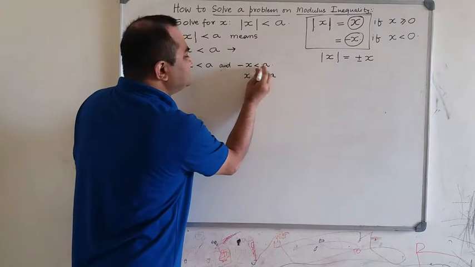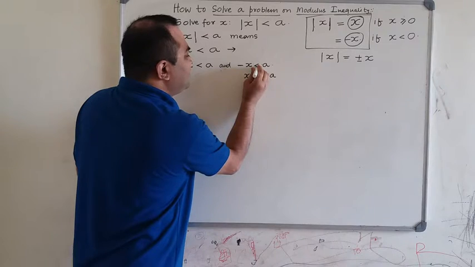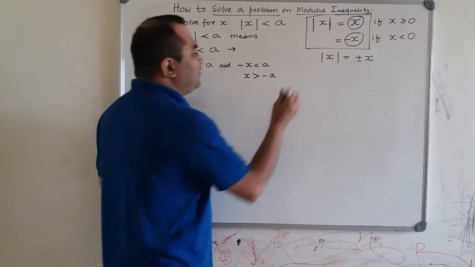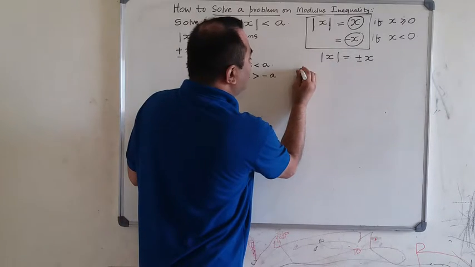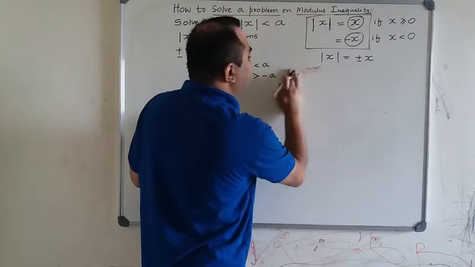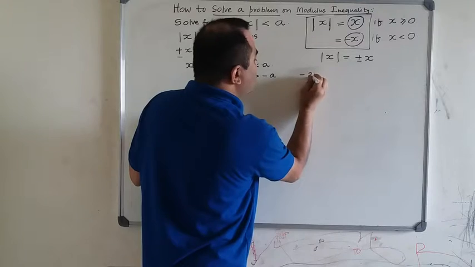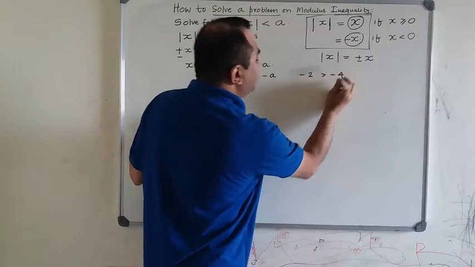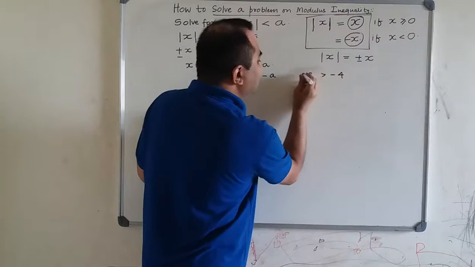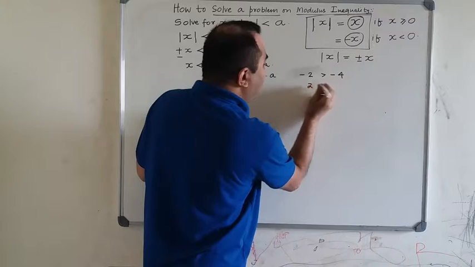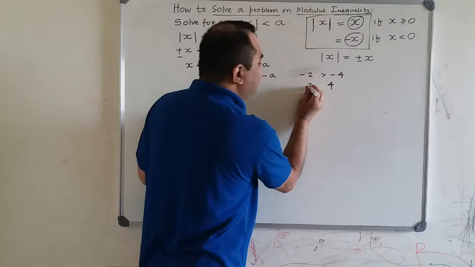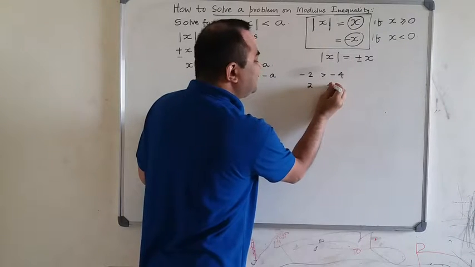After the negative sign is transferred, it will affect the inequality symbol by reversing it. For example, let me take minus 2 is greater than minus 4. Now I will remove the negative signs on both sides. After removing the negative signs, it becomes positive 2 and positive 4.